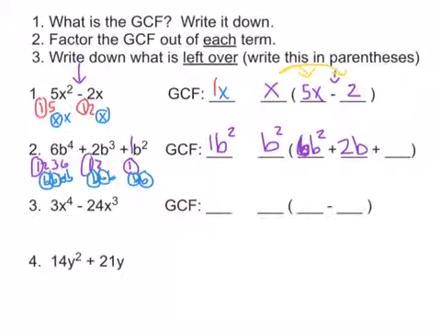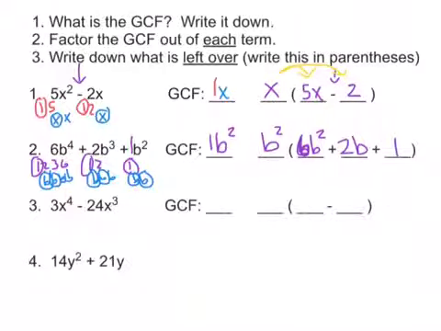If I factor out a b squared, well, then there's no more b's. But what is left? A 1. Okay, there will be a 1 in that last spot. Again, if I distributed this b squared into my parentheses, I would arrive back at my original problem.